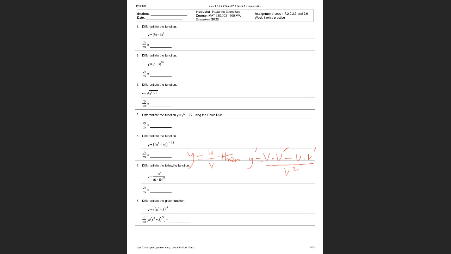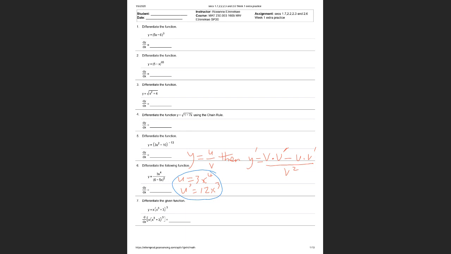All right, so I want my numerator to be u. So u is equal to 3x to the power 4. Therefore, u prime is 12x to the power 3. So I like to circle that. That's my u.